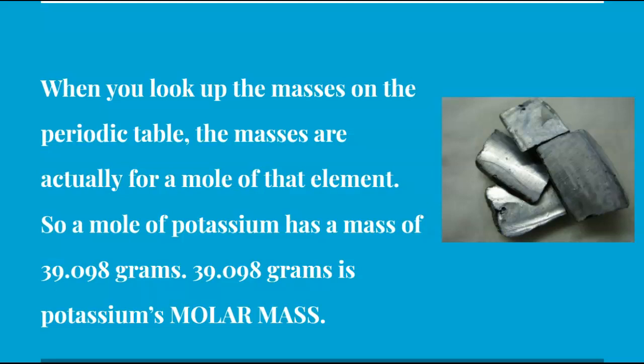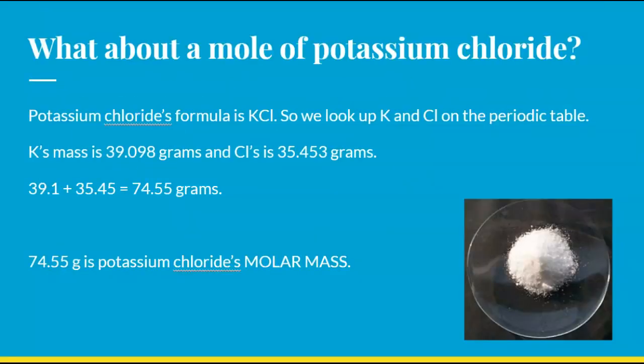Great. What about compounds? Let's take potassium, combine it with chlorine, and make potassium chloride. How do we figure out the molar mass of potassium chloride? We look up potassium's mass on the periodic table, and it is 39.098, and chlorine's is 35.453. Potassium chloride is KCl, plus 1 minus 1.